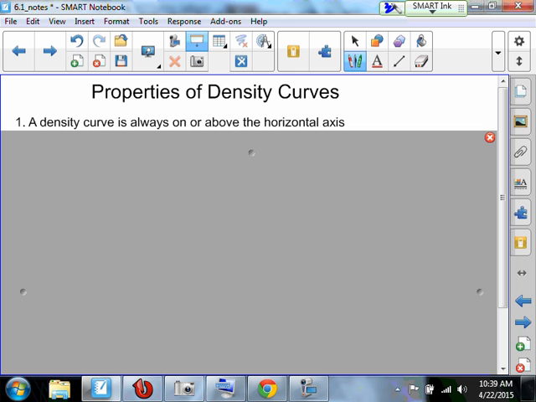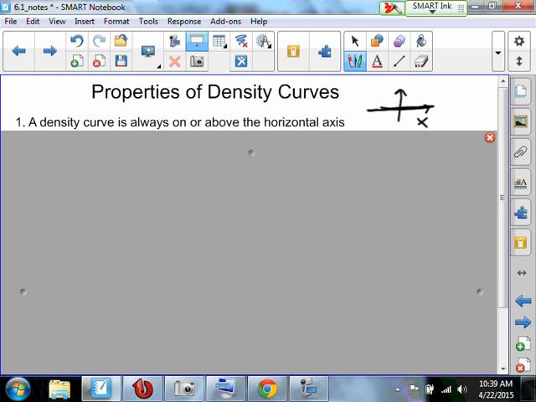I know I'm guilty of this sometimes. Whenever I sketch this frequency distribution like that, I forget that in the context of things, that's really occurring in a Cartesian plane. So what I'm saying is, if you think about your x and y axis, the x-axis is this horizontal axis that they're talking about.